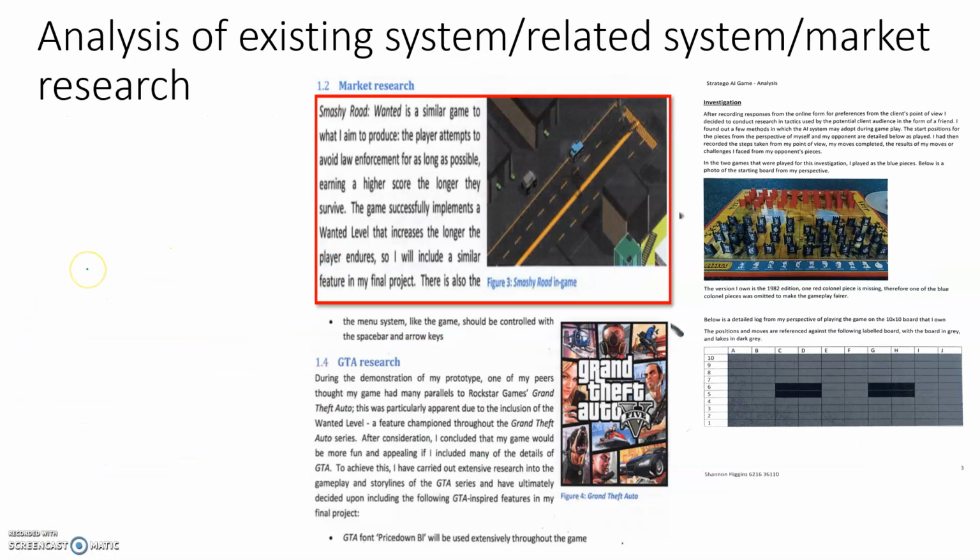Right, so analysis of existing systems, related systems, and market research, well, these all follow a similar theme really, in terms of you basically analysing whatever that particular system is, and looking at how it currently works.